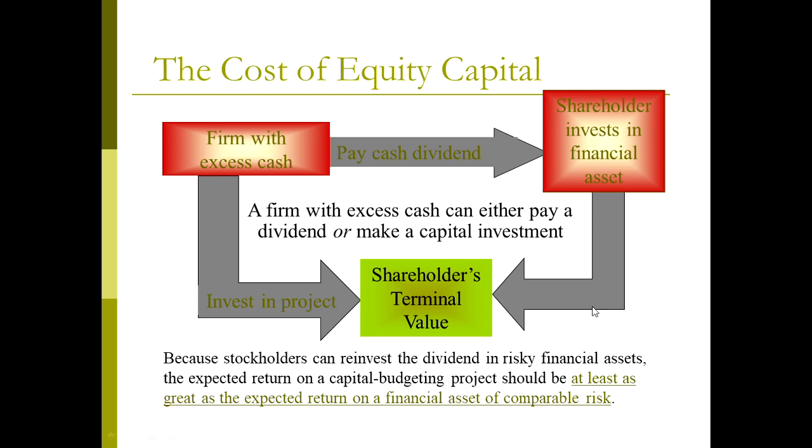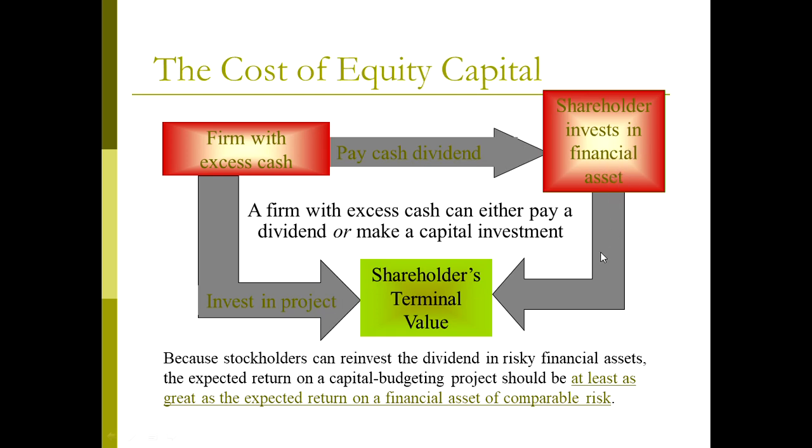So that is like the opportunity cost of capital idea. The shareholders can reinvest the dividends in risky financial assets, or they can invest the excess cash within the company, which means the return in those projects, or the required rates of return in those projects, has to be at least as good as the return in other financial assets.